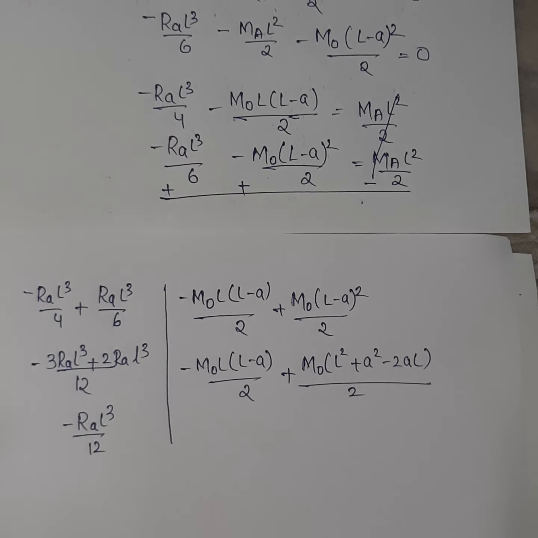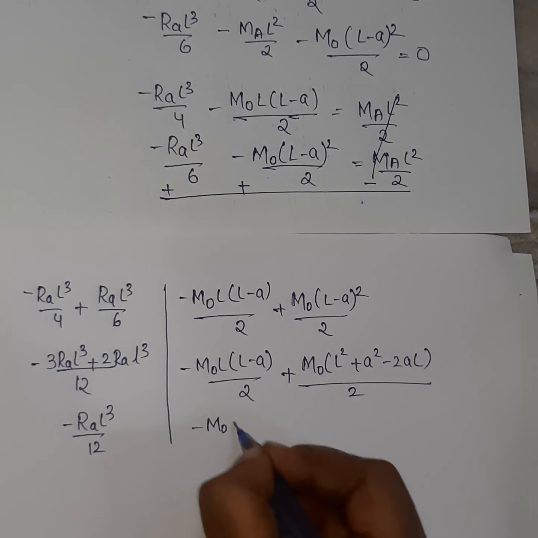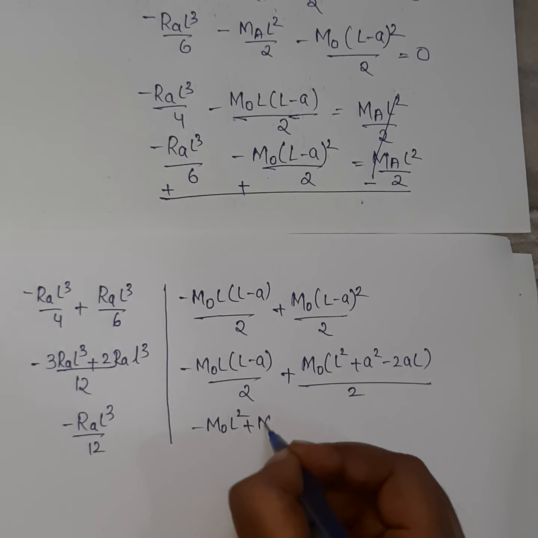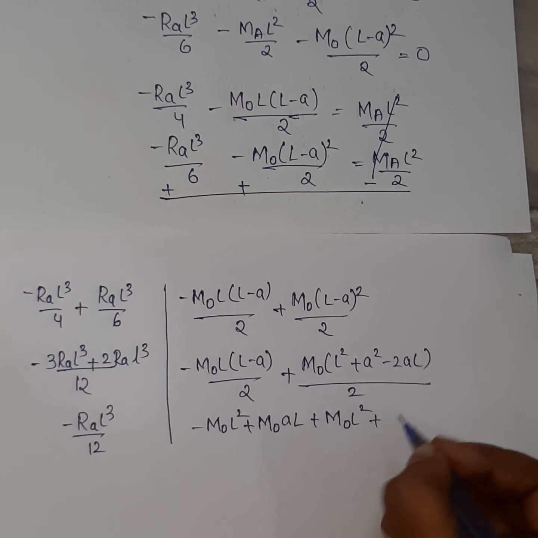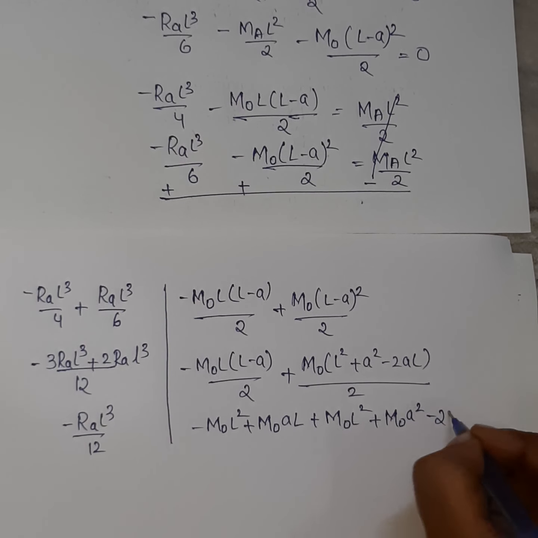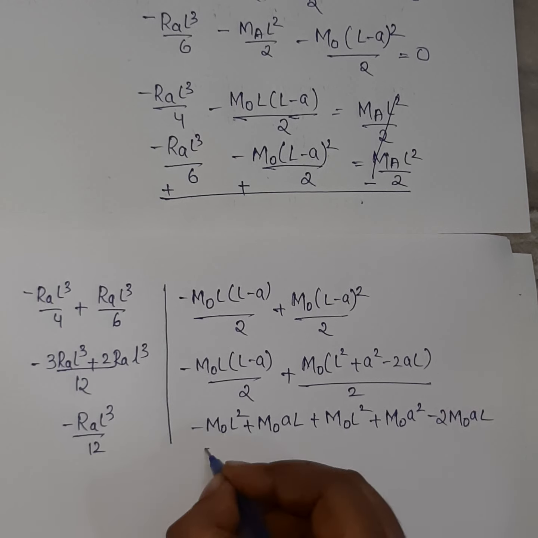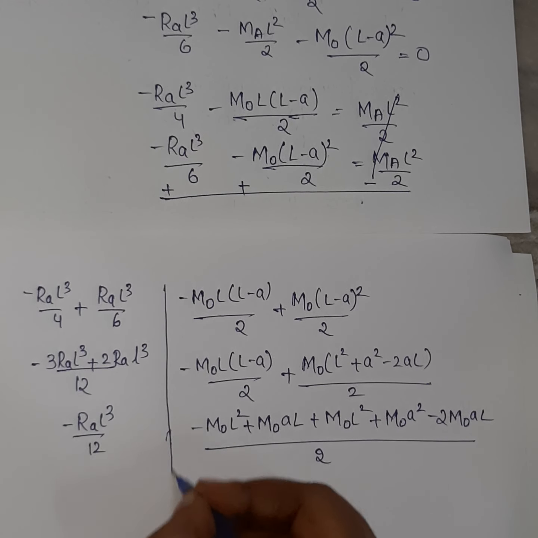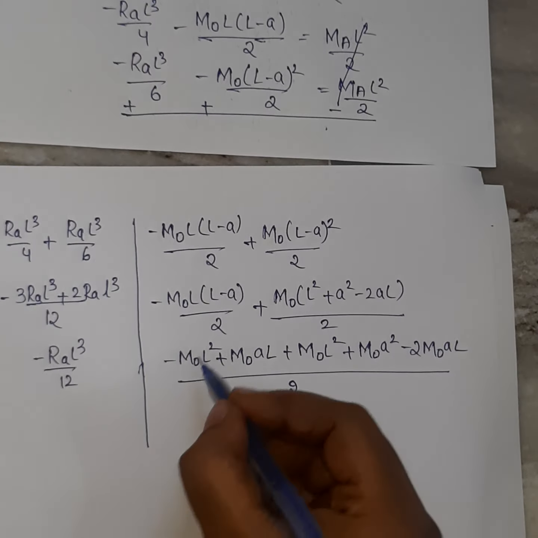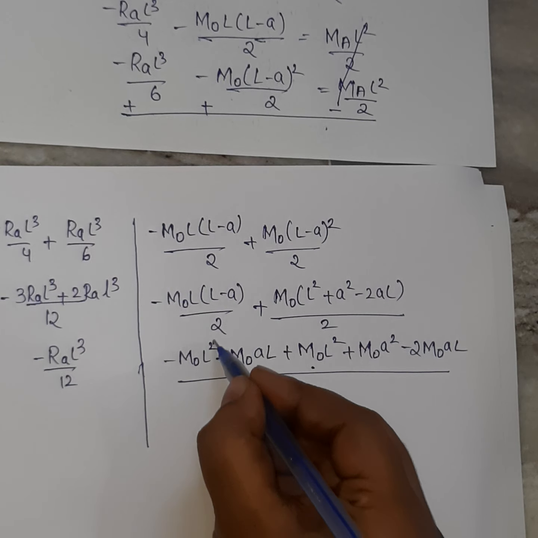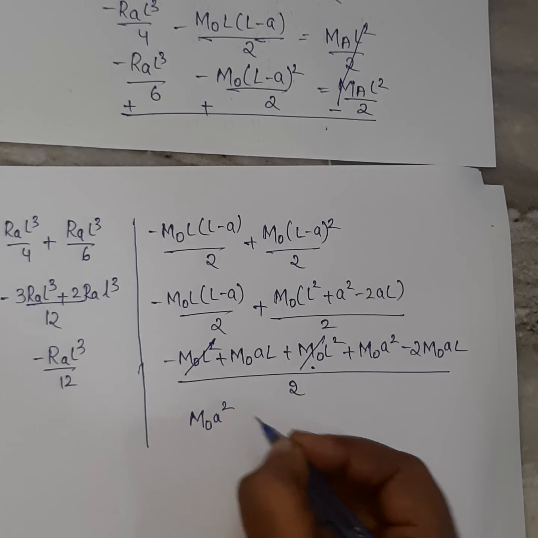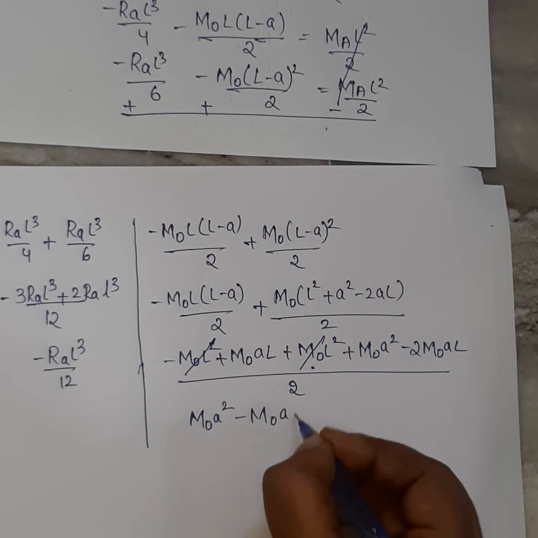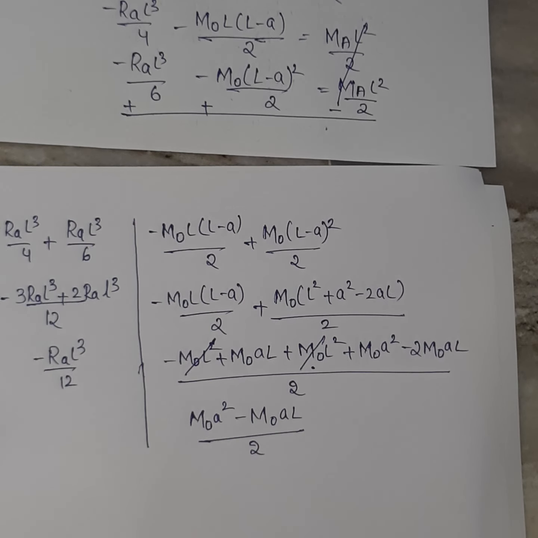The equation will be minus m naught L into L square plus m naught AL plus m naught L square plus m naught A square minus 2 m naught AL by 2. So minus m naught L square and plus m naught L square cancel. The remaining term is m naught A square minus m naught AL by 2. This is the equation I have got.